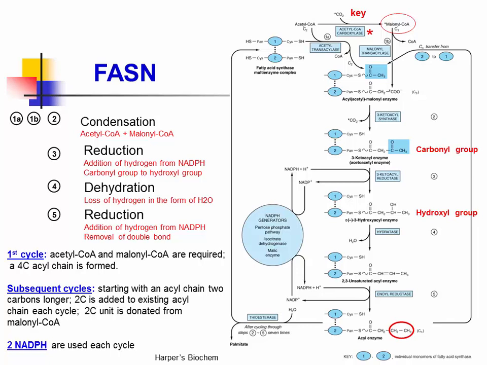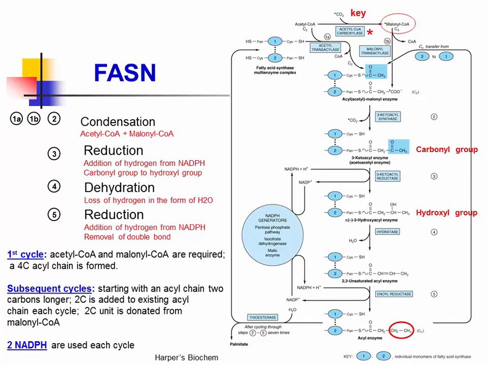So hydrogen is added to the molecule to remove the double bond. So eventually you synthesize the acyl-CoA with 4 carbons, right? So the first cycle, you will need 1 acetyl-CoA and 1 malonyl-CoA, right? Malonyl-CoA has 3 carbons and acetyl-CoA has 2 carbons, but you lose 1 carboxyl group as CO2. So actually you eventually generate a 4-carbon acyl molecule after you finish the first cycle, right?